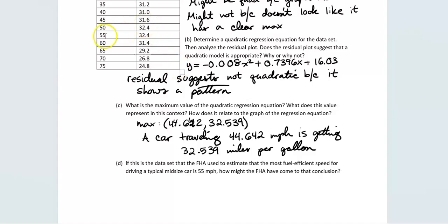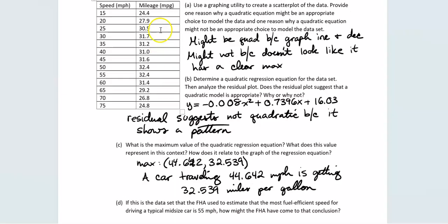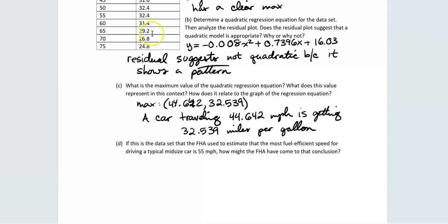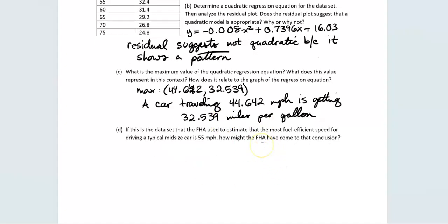So they're guessing 55 because they're maybe not looking at a regression and the quadratic function. They're just looking at the numbers here, and they guess, okay, 55. That's where it's hitting the max based on the table. And we can also see that after 55 miles per hour, your mileage goes down. So that would be the answer to that question.